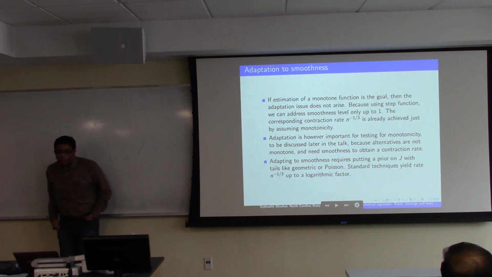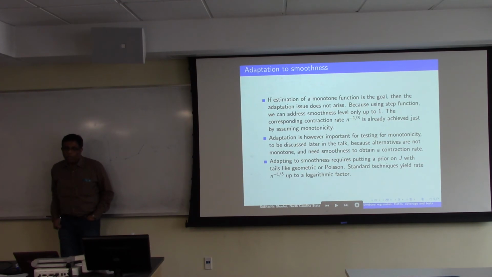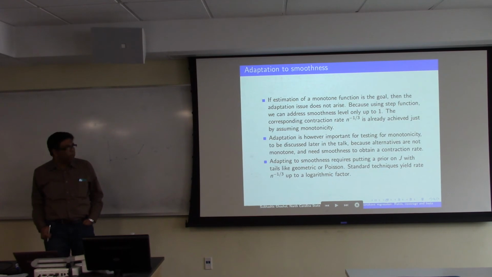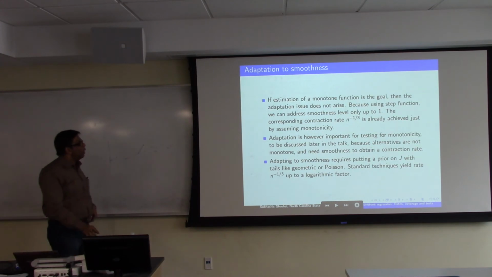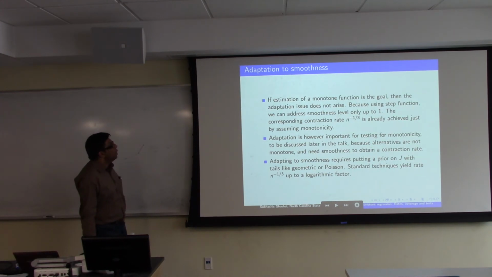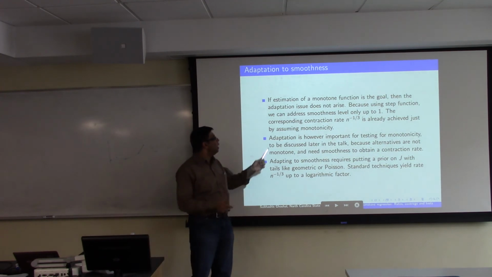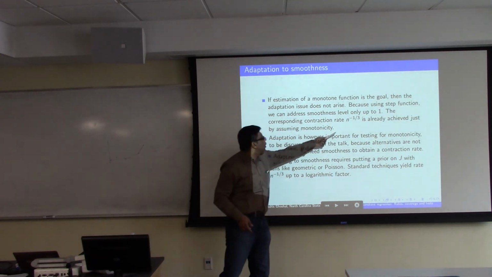Now this was about when we did not assume any smoothness. There is no smoothness issue so far because the target function is only monotone. You can add additional smoothness on top of monotonicity, but that can help only when the smoothness is more than 1, because even without any smoothness, you already get this n to the power minus 1/3.